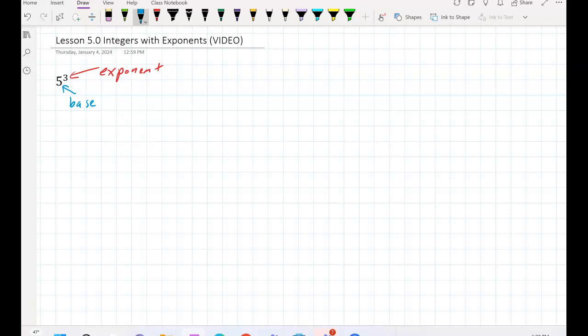Now, when we take a look at this, you would read this as 5 raised to the power of 3. And what does that even mean?